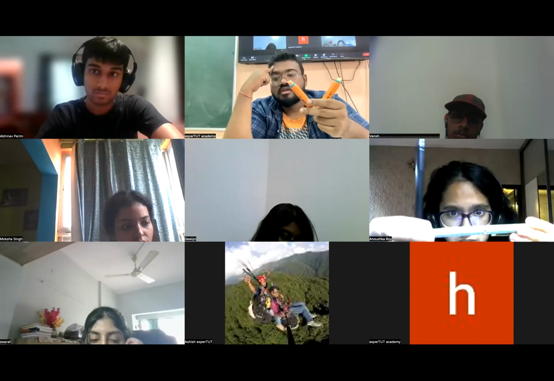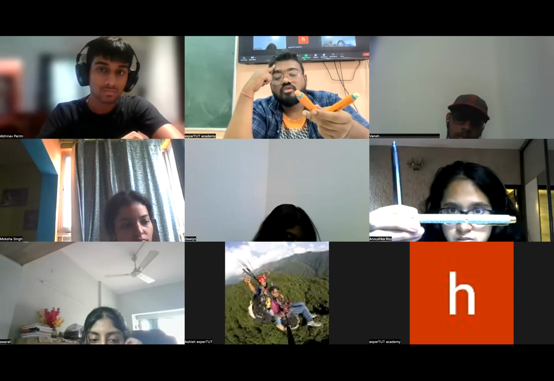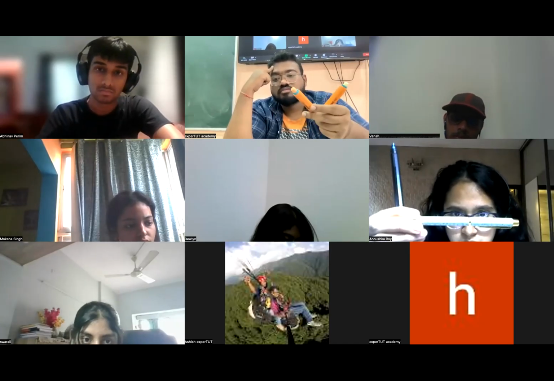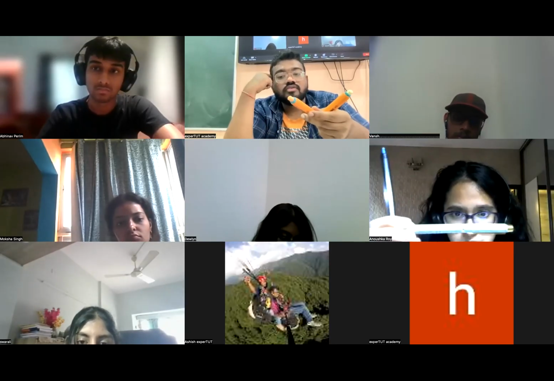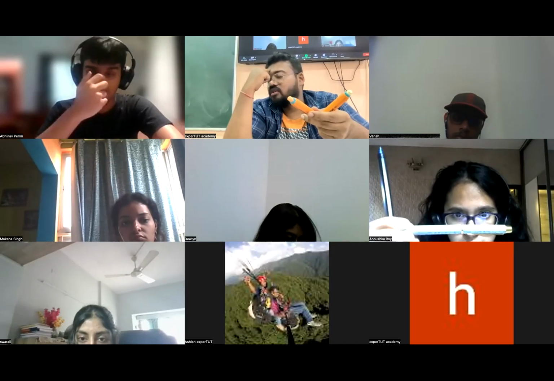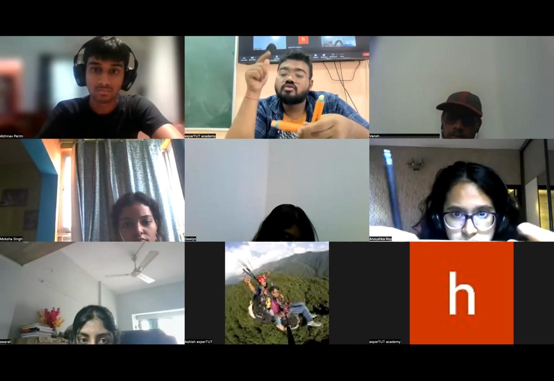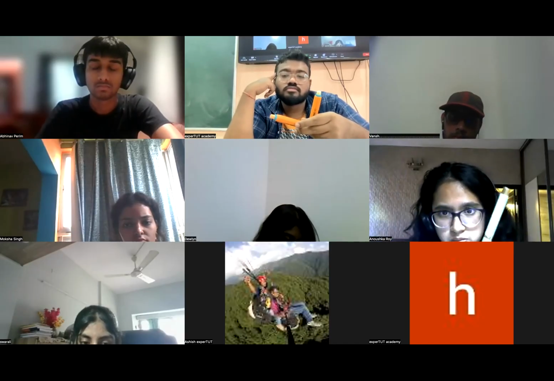Now, if you want to do blue cross white, the blue vector cross with the white vector, what you do is, are you holding these pens with the left hand or right hand? Right hand. No, you want to use your right hand, so hold them with your left hand.